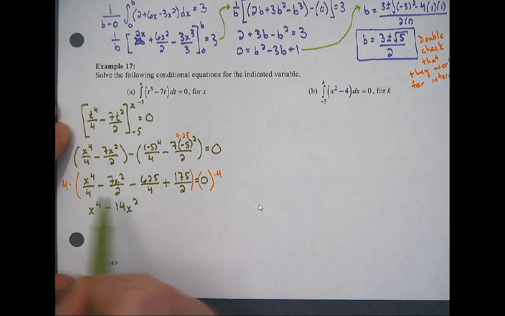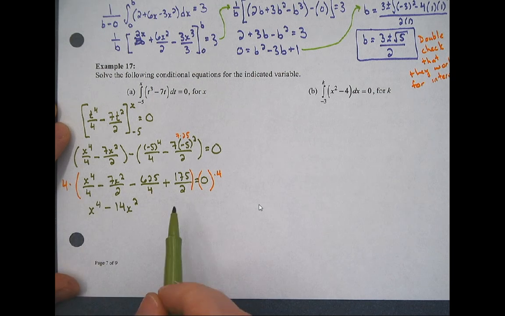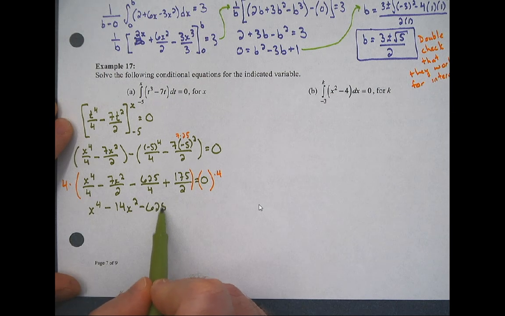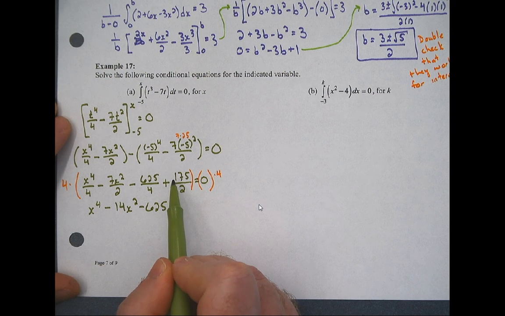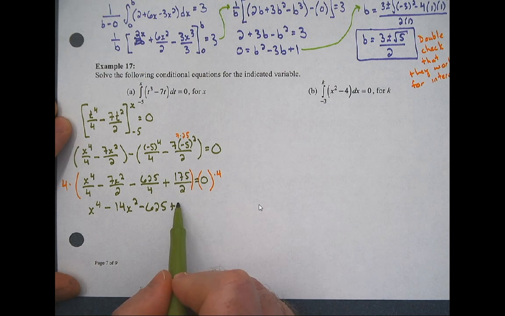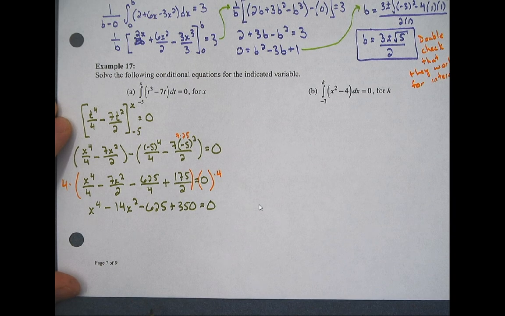So the 4 divided by 2 is going to make a 2, and 2 times 7 is 14. The 4 is going to cancel, minus 625, plus the 4 and the 2 reduces, 2 times 175, that's 350. Does that sound right? Hopefully. Yeah. 4 times 0 is 0.